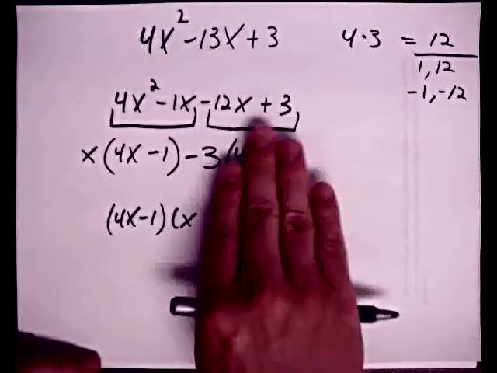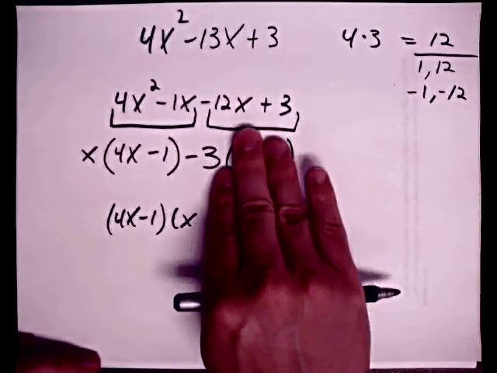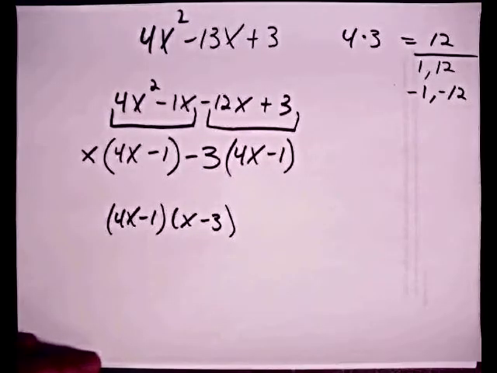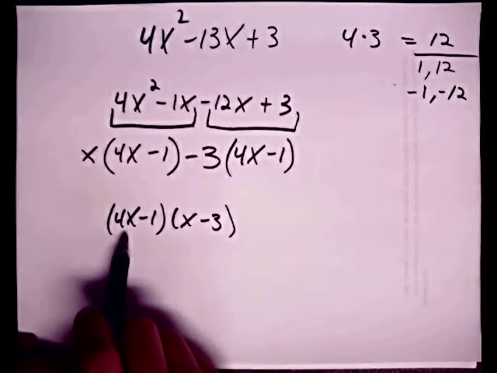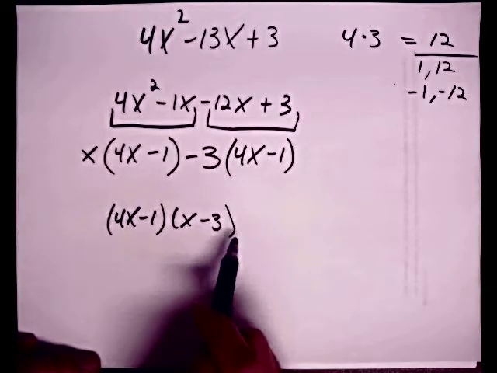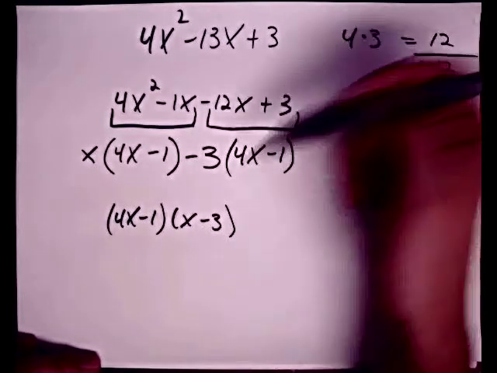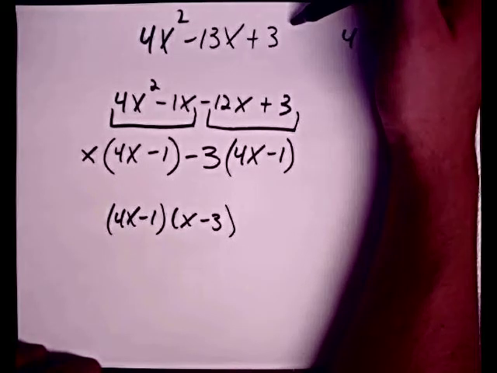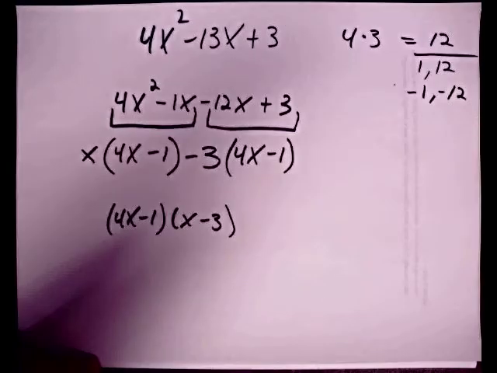And if you factor 4x minus 1 away from here, you're left with minus 3. So 4x squared minus 13x plus 3 factors into 4x minus 1 times x minus 3. And again, if you were to do FOIL, you would be able to get exactly back to this. So we're not changing any value. We're just changing the way it looks.